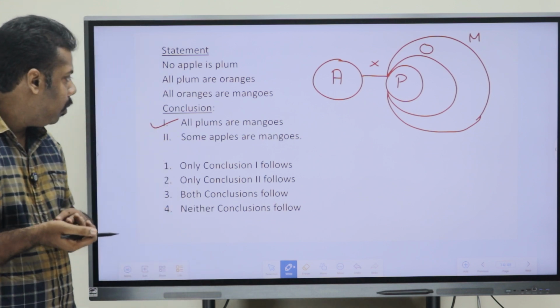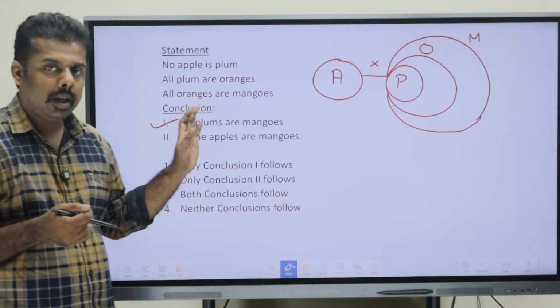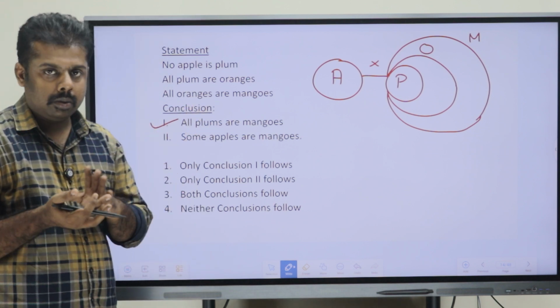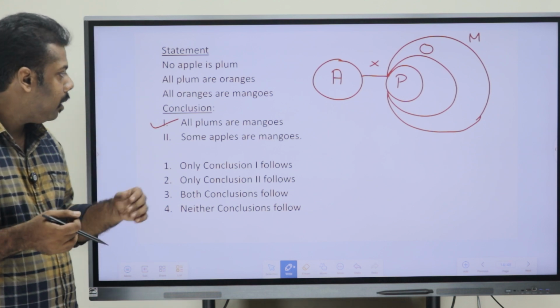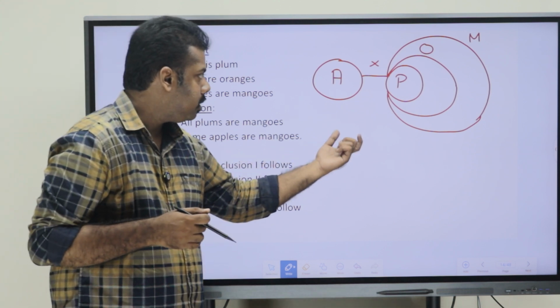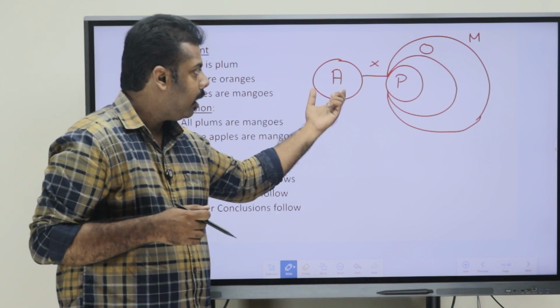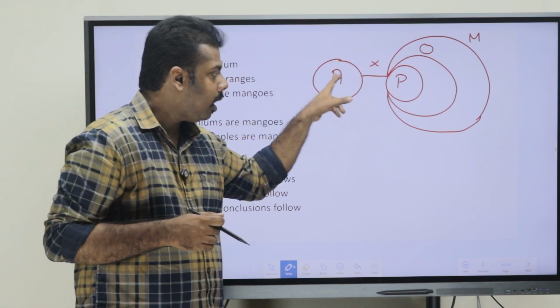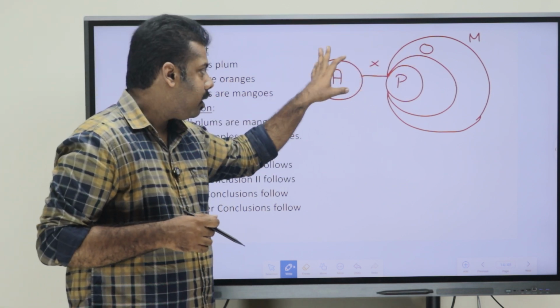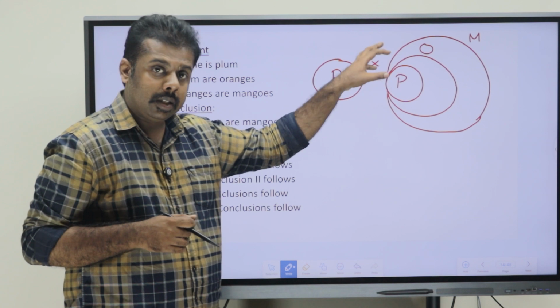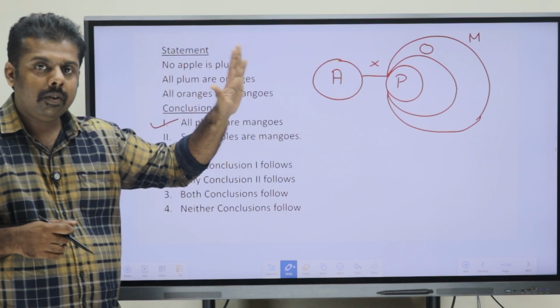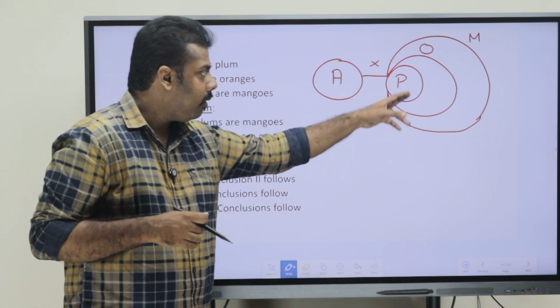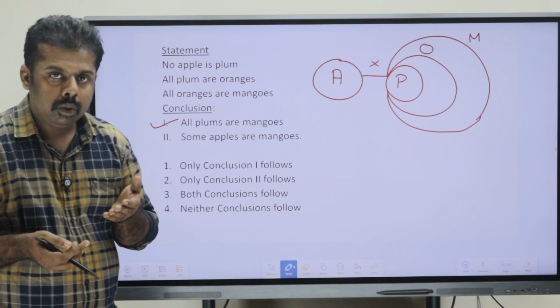Now moving on to the next conclusion, what does it say? Some apples are mangoes. Do apple and mango have a some relation? We can see apple is here and mango is in this portion. We only have a relation that apple and plum have no relation. But do we have a direct relation between apple and mango?